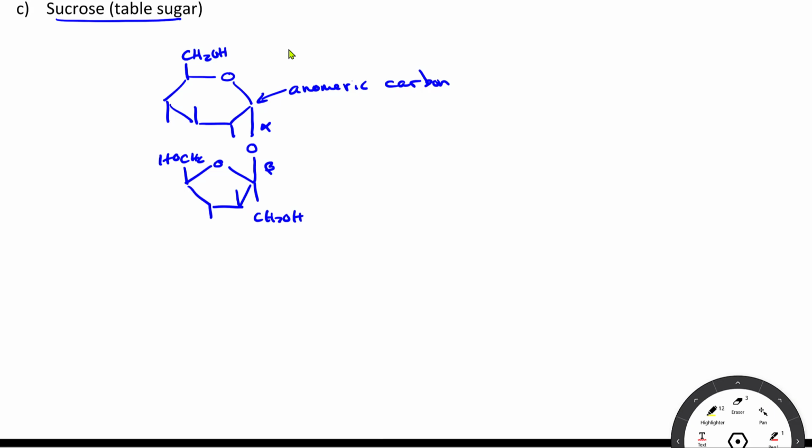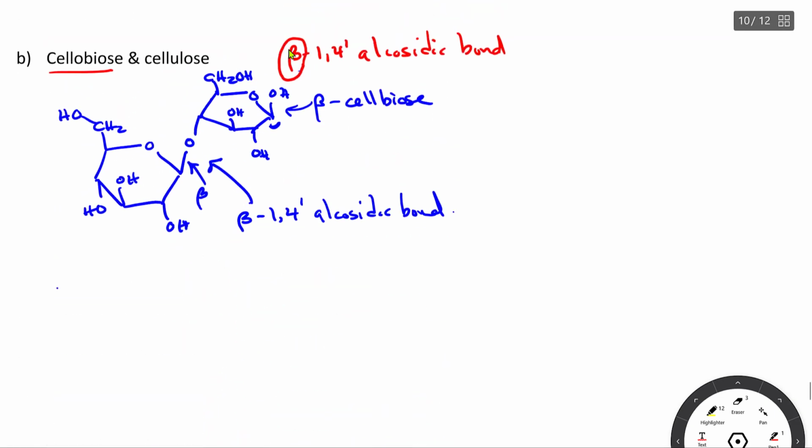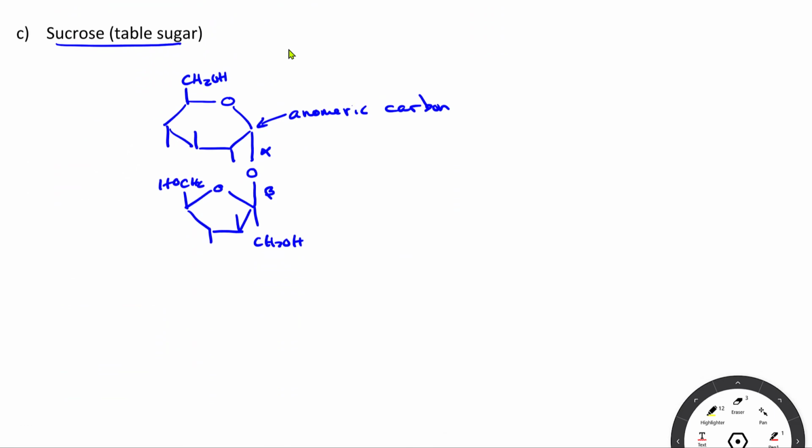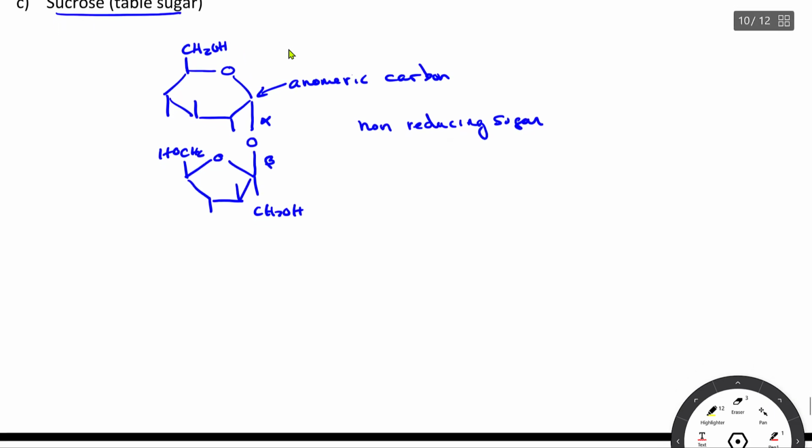Because this can't open up into its aldehyde form, like this one can open back up to the aldehyde to become the straight chain or open chain form, this can't be reduced. So table sugar is known as a non-reducing sugar, because it can't reopen up the anomeric carbon and create the carbonyl functional group out of it, which then can be used as the reducing sugar.